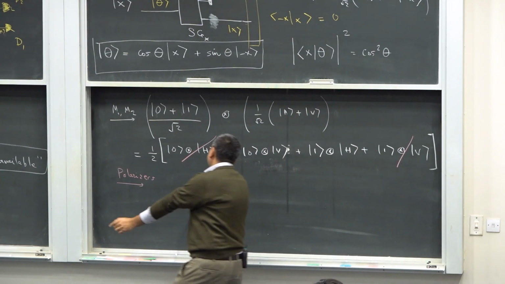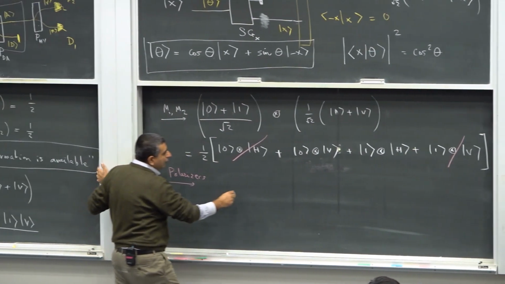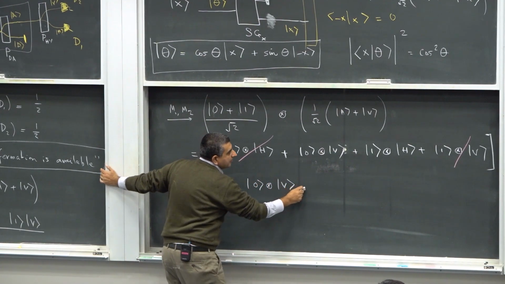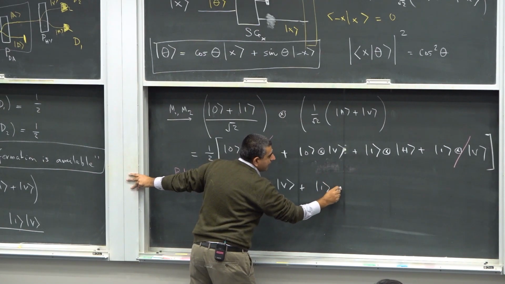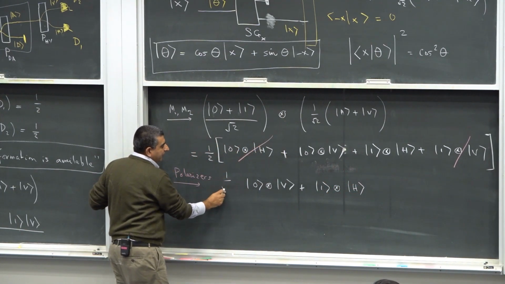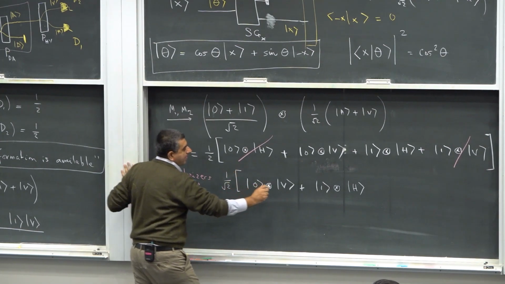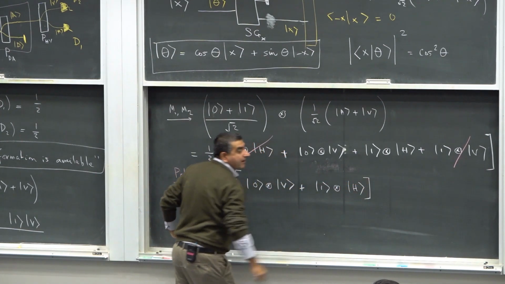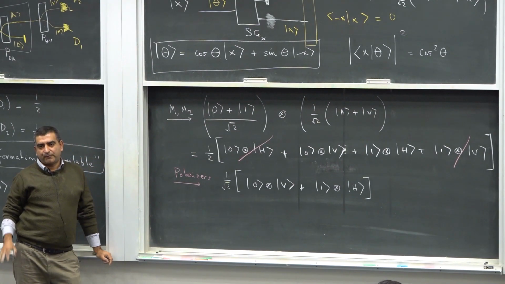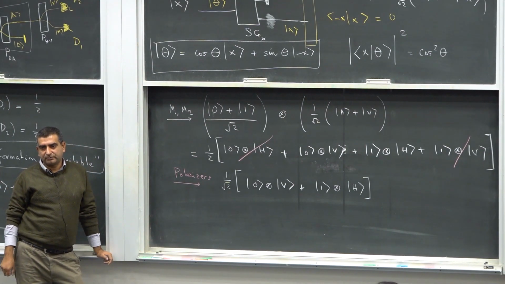Now what I could do, I could write the overall state as ket 0 O cross V plus ket 1 O cross H. Now I want to normalize this, so I put 1 over under root 2. I normalize this again. I want to keep things normalized at every point.